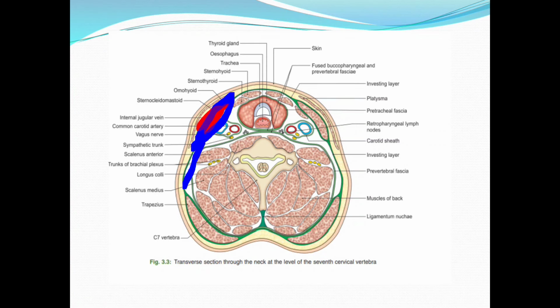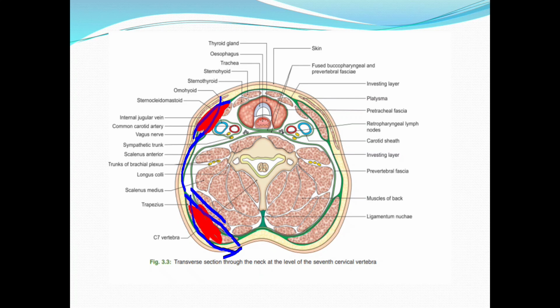Anteriorly the red color is showing the sternocleidomastoid muscle, and posteriorly I have marked the trapezius with red color.